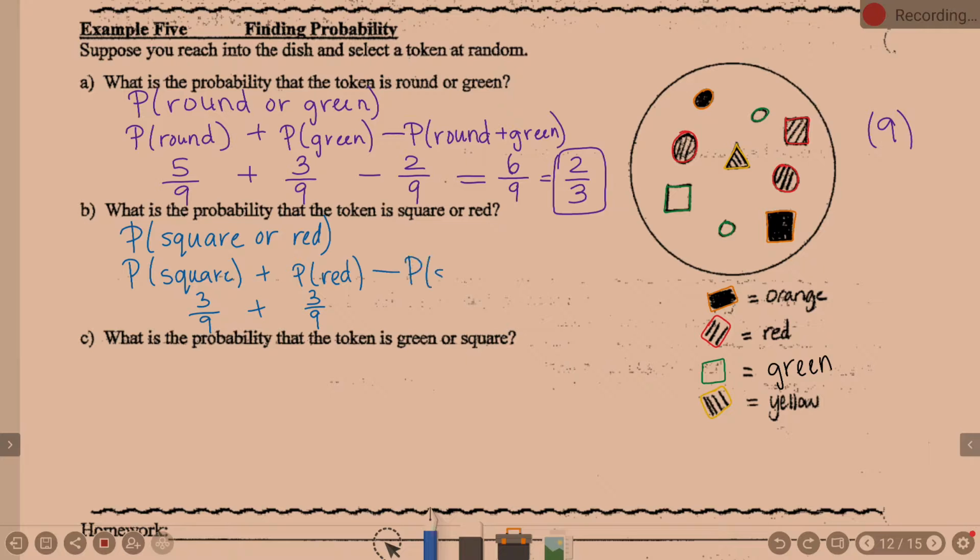So we're going to subtract off any that were square and red. What'd you guys say? One. Just one? So we're going to subtract off 1/9. 3/9 plus 3/9 minus 1/9. 6/9 minus 1/9, 5/9. And again, you might have to go decimals on these. I'm not saying you wouldn't, but we've done a lot with decimals.